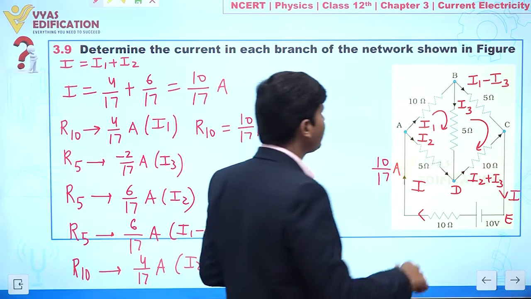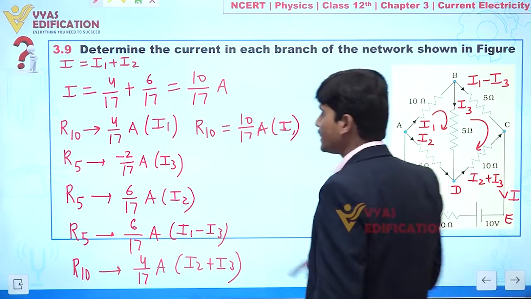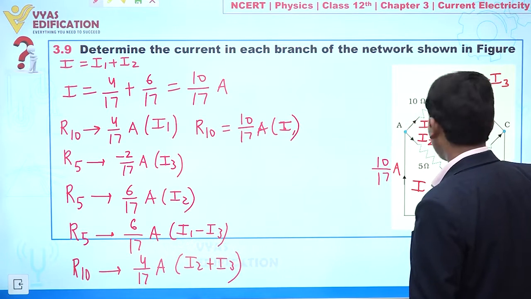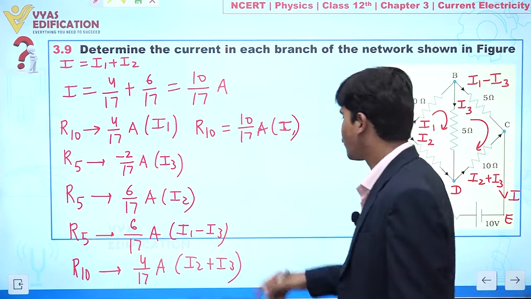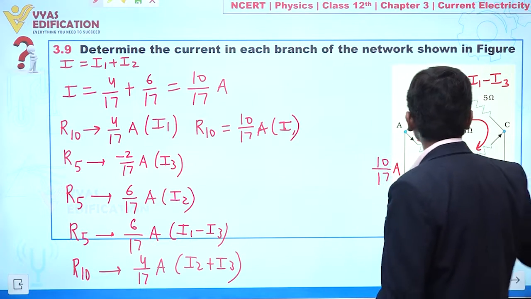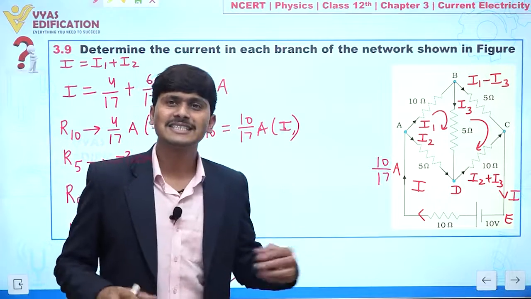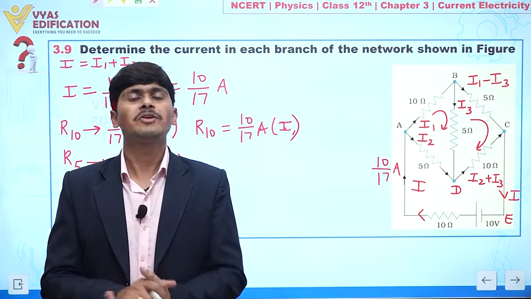Here I3 is negative, 2 by 17, so we get I2 plus I3 as 4 by 17. So like this we can calculate the value of current in each resistor. This is all about this question.